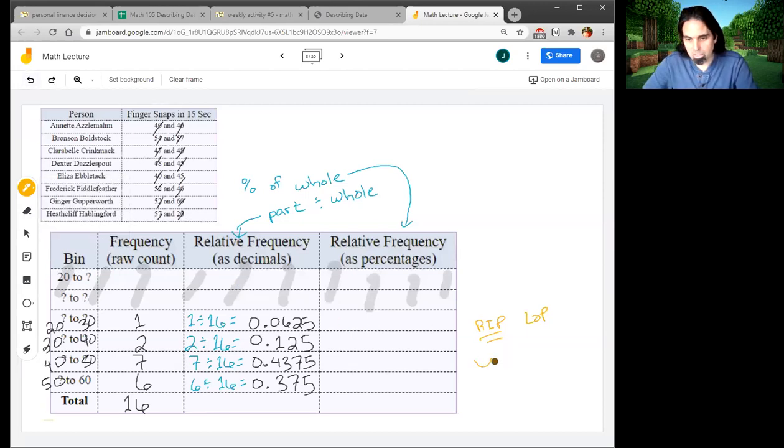I can draw correctly. So 6.25%. 12.5%. 43.75%. And 37.5%.